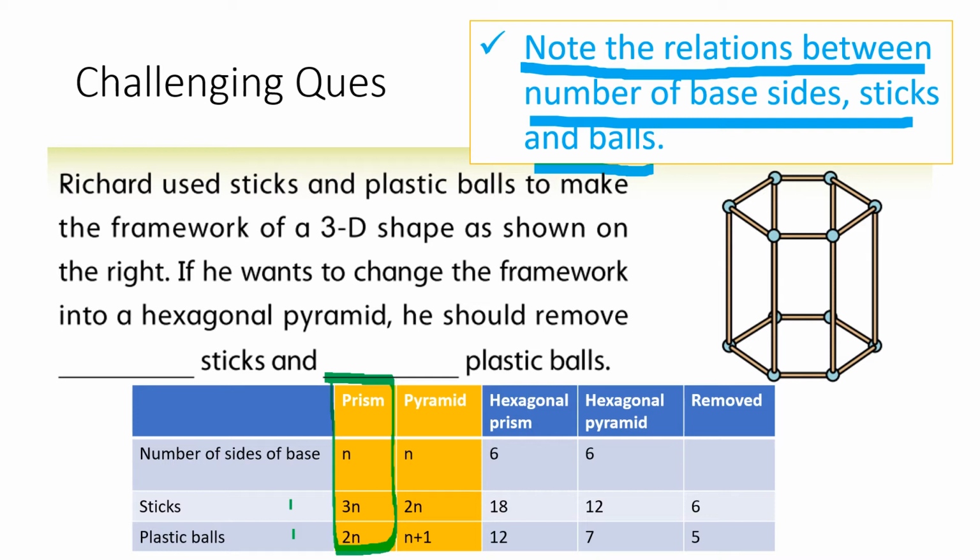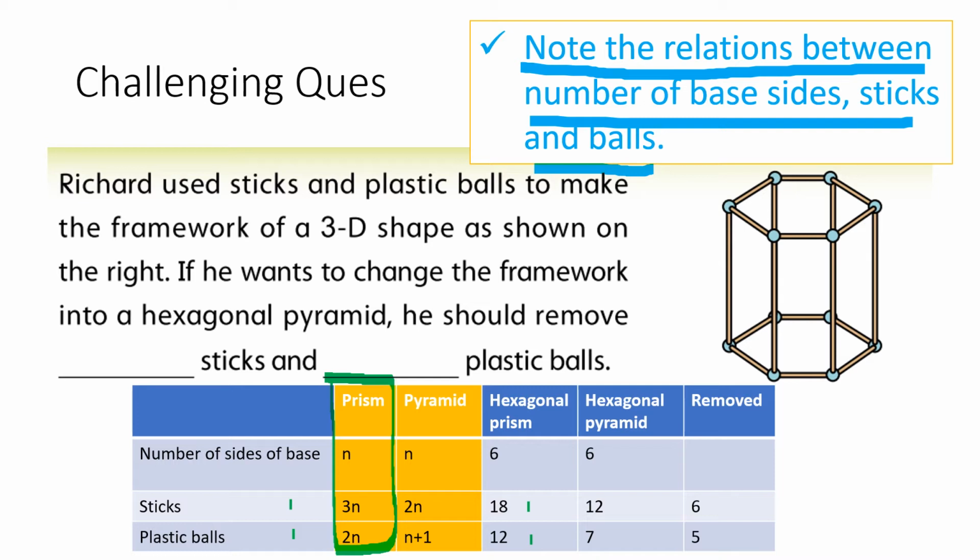So for the number of sticks, it will be 3n. 3 times n, it will be 18. And then for the number of plastic balls, it will be 2n. So it will be 2 times 6, so it will be 12. So you can also figure out the number of sticks and plastic balls in the hexagonal prism.